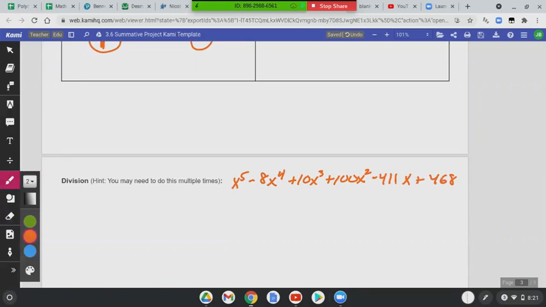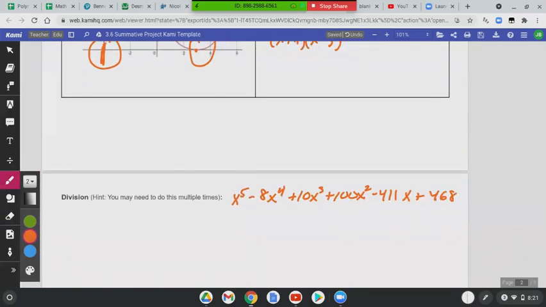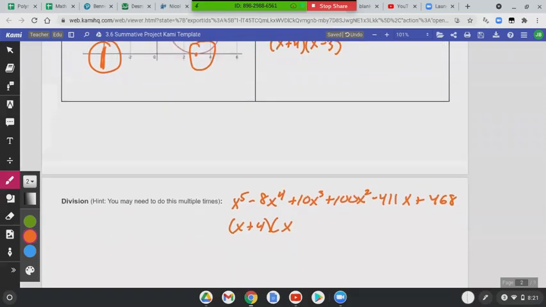And I'm going to divide that. I know that my roots are x plus 4, x minus 3, and x minus 3. So I could divide that by any of these, and I'm actually going to divide it by all of them.